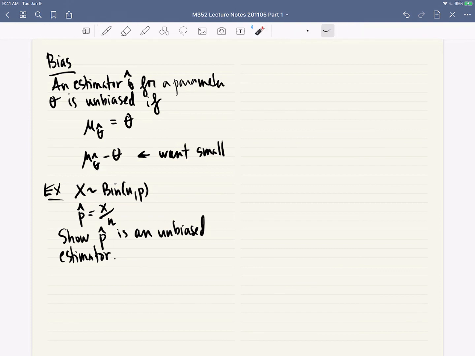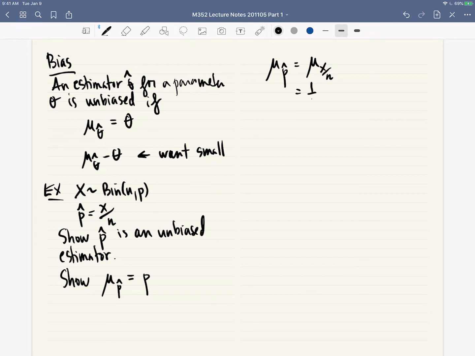So that means that we just need to go up here and show that the mean of our estimator is equal to our parameter. So I'll show the mean of p hat equals the parameter that we're trying to estimate. Well, what's the mean of p hat? Well, p hat is x over n.